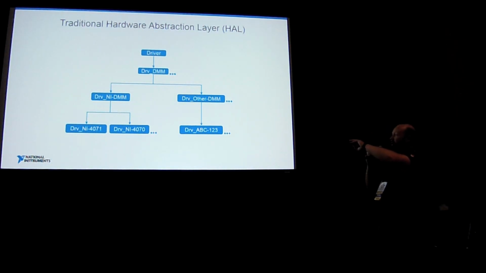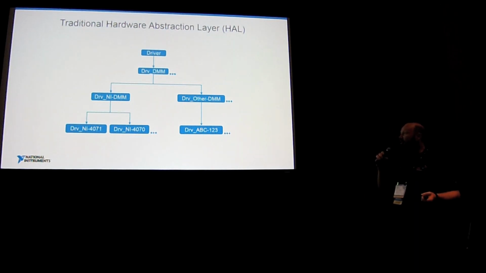And then typically what you've done in the past for HALs is you have this DMM class up here, and this outlines all of the different capabilities of a typical DMM: range, digits of precision, power line cycles. I'm trying to think off the top of my head. But you can have all of the different types of settings up here, and then it would just know how to push those down to the different classes.